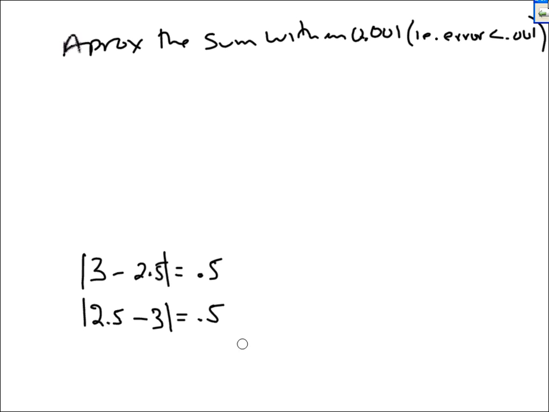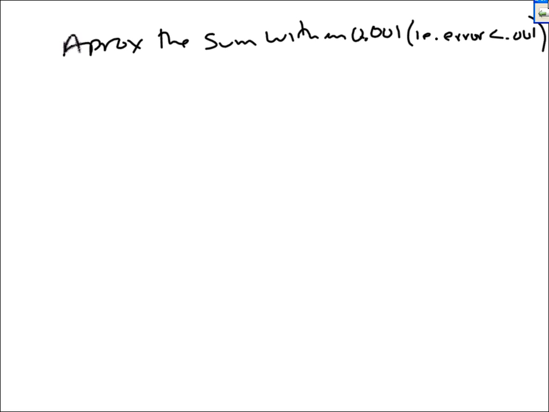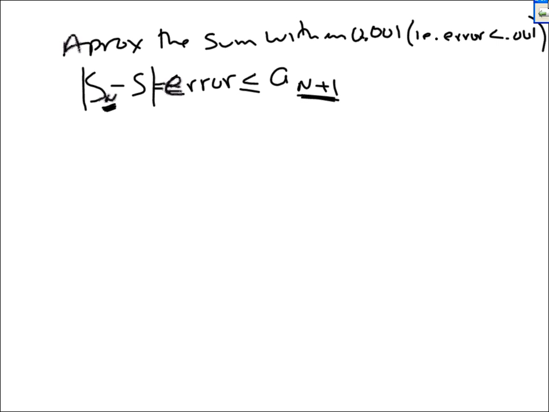So I'm asking you to approximate the sum of the following series within 0.001, within 1,000ths. Now, we know that Sn minus S is the error, and it is less than a sub the next one. You add up the first 50 terms, the error will be less than the 51st term.